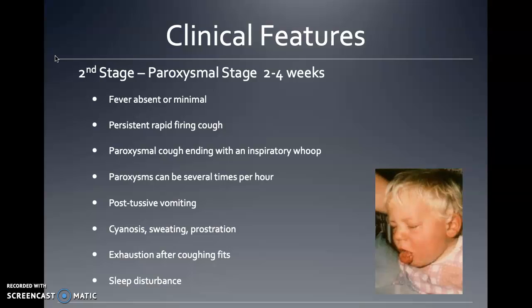This extreme cough can cause vomiting. This can occur usually at night and can average up to 15 attacks per 24 hours. And this can lead to cyanosis, sweating, prostration, and these coughing fits can cause exhaustion and sleep disturbance.